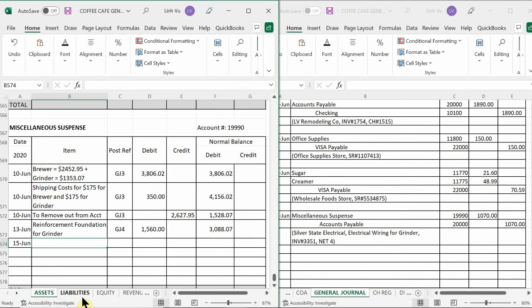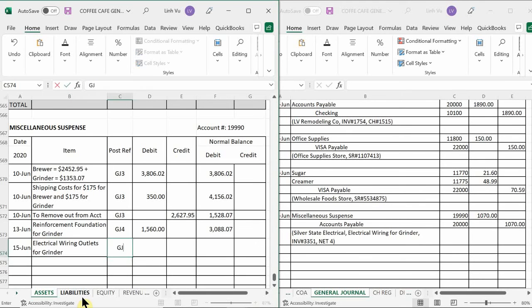Okay. And on the item, I would put the electrical wiring outlets for grinder. Good. Let's see, there was nothing else other than the total amount.